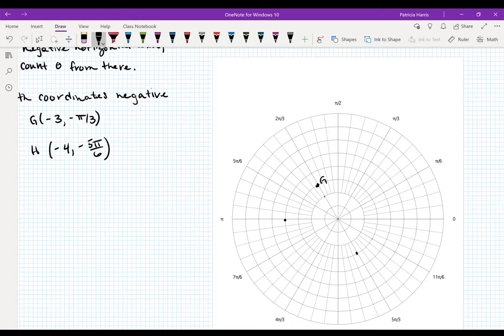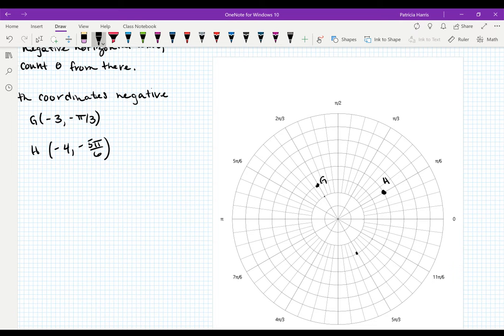So from 4, I'm going to go this way. 5 pi over 6. That would be pi over 2, and then 5 pi over 6 would be here. So that would be point H. And that's it. So that's points.